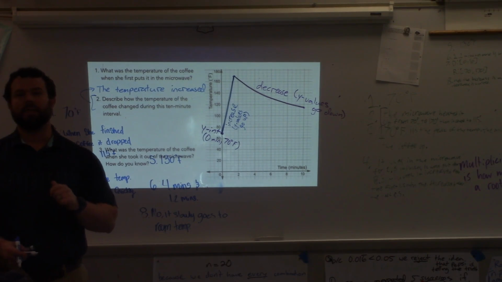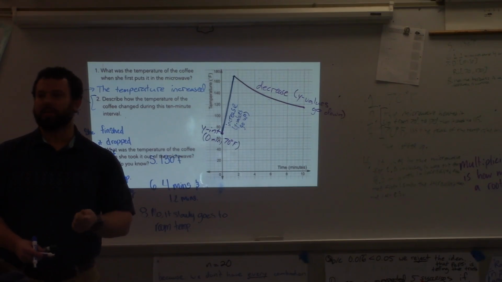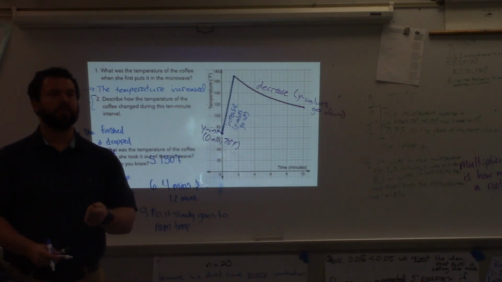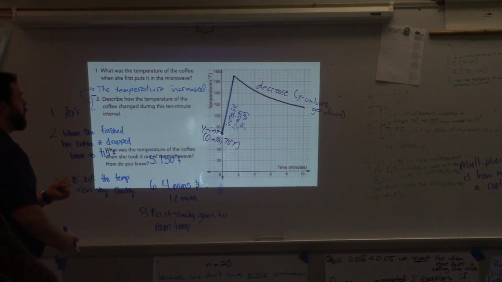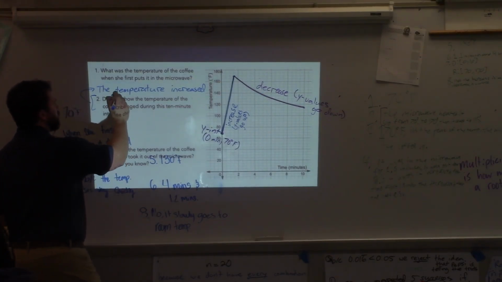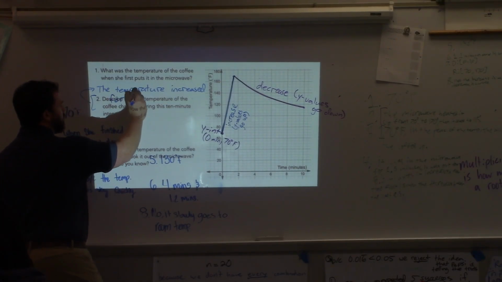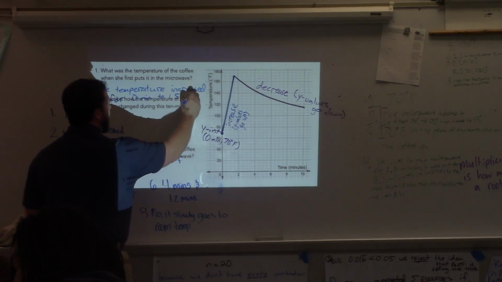I need y'all to hear me clearly on this. By saying it increases, I know it goes up. The question is, where is it going up? Yeah, it goes up from 70 degrees to 170 degrees, for 0 minutes to 1.5 minutes.